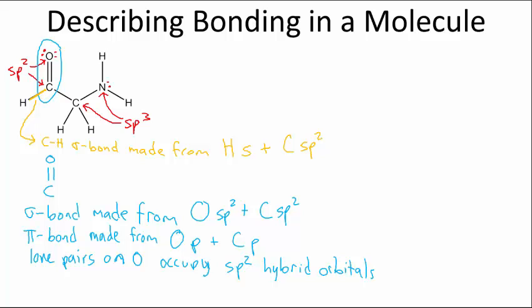All right, notice now in our description, for the oxygen, we've described how 1, 2, 3, all three of its sp2 hybrid orbitals are used. We've described how its leftover p orbital is used to make the pi bond. For the carbon now, we've described how its p orbital is used to make the pi bond. We've described how two of its sp2 hybrid orbitals are used. What's the third sp2 hybrid orbital on this carbon atom doing?